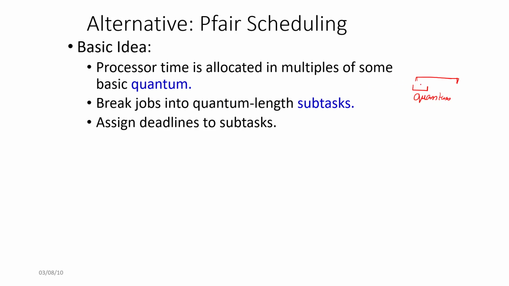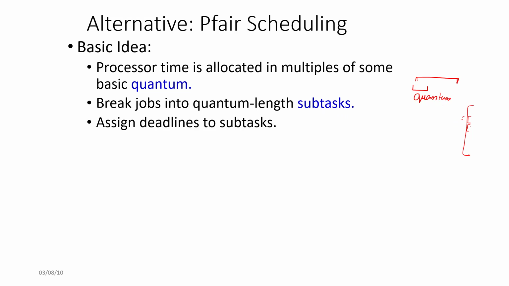So basically, we will take a job, consider the length of each quantum, and break the job into subtasks where the length of a subtask is essentially the length of each quantum.